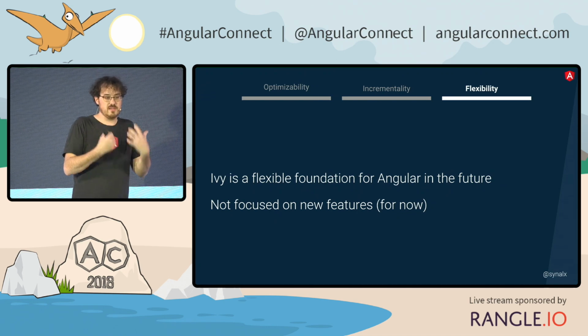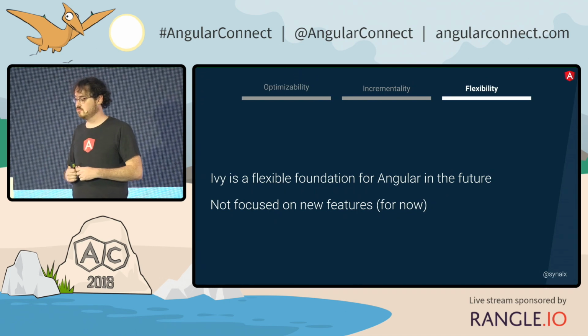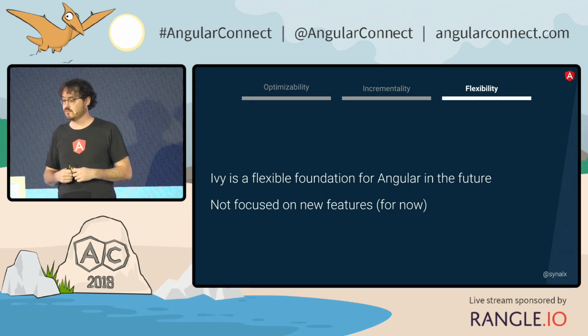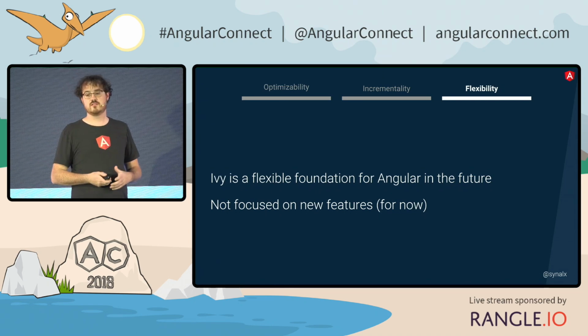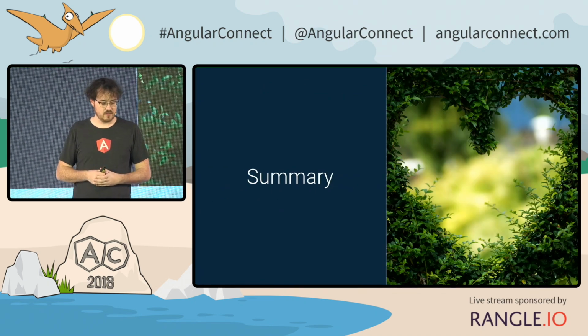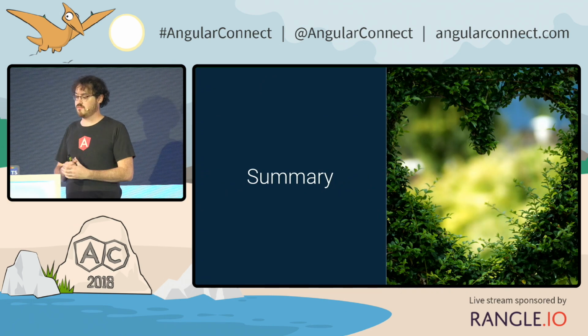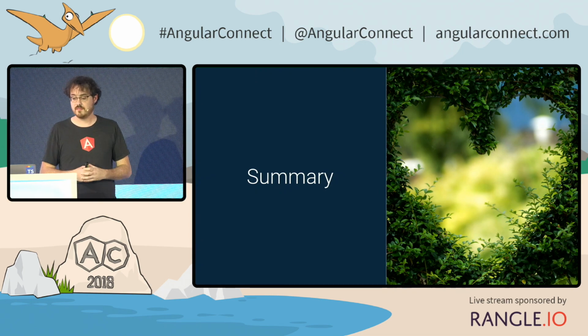Our team is deeply focused on making the Angular we have today more optimizable, making it compile incrementally, getting this foundation up and running. And once those are achieved, we have a long list of ideas that we want to investigate. So in summary, Ivy is a significant refactoring. It aims to simplify much of Angular's internal complexity.